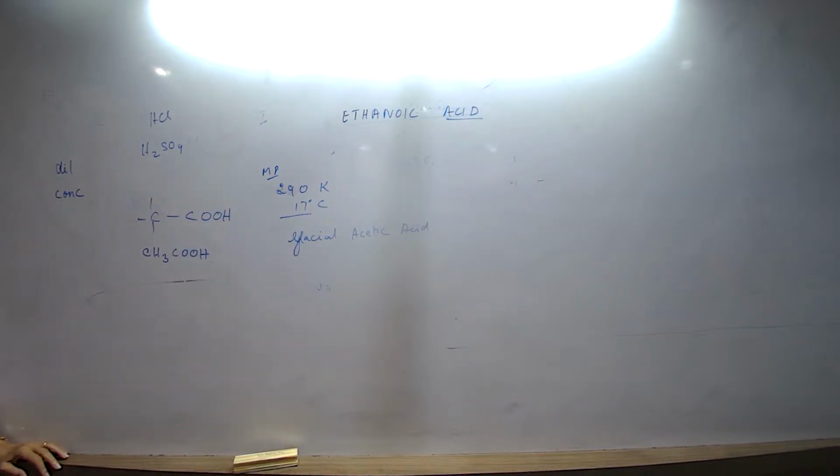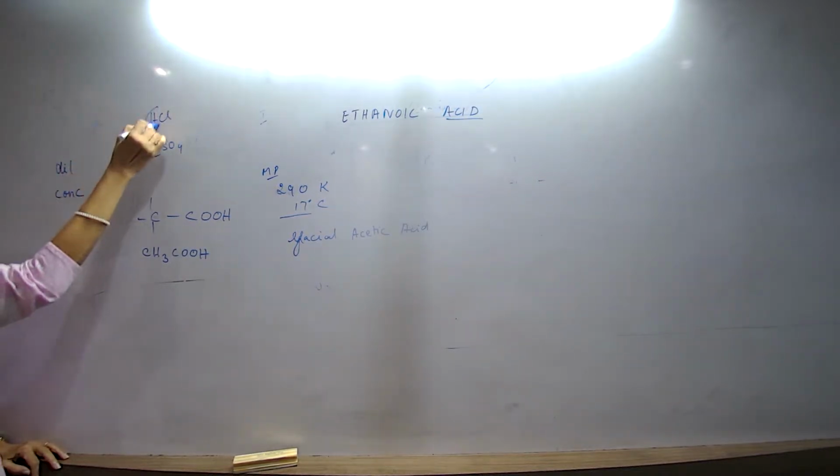Litmus: blue litmus turns red. It reduces pH below 7 and releases H plus ions. Most important is litmus paper.